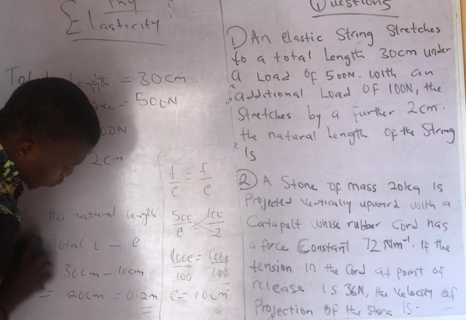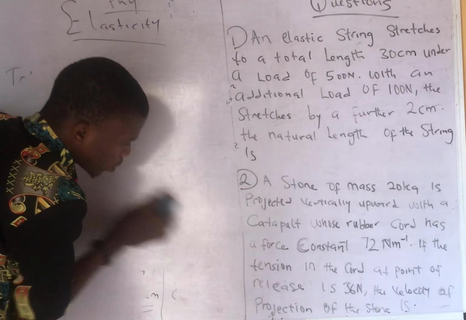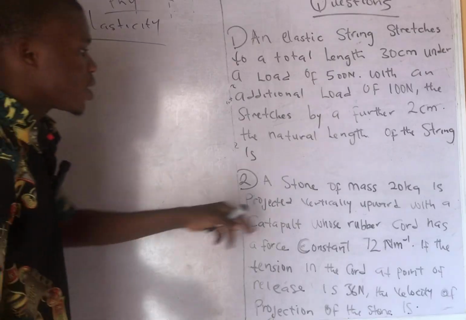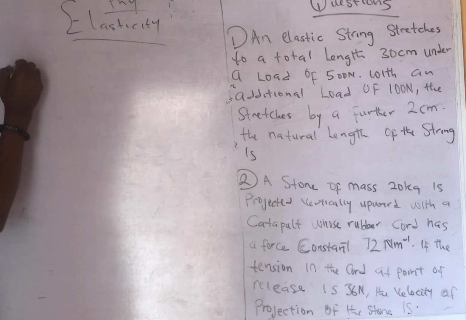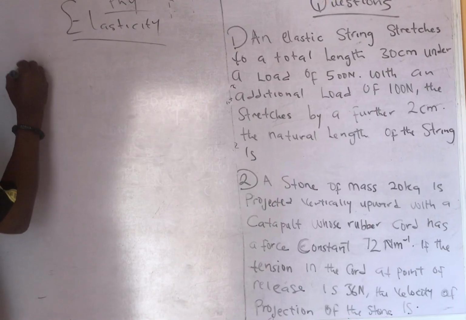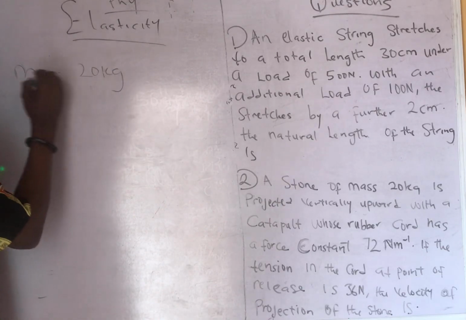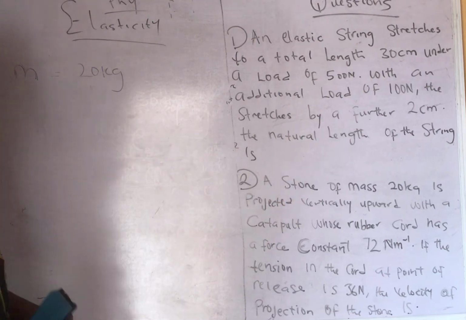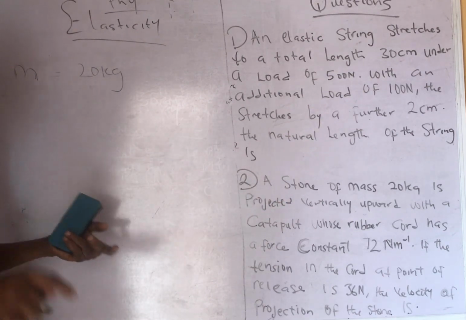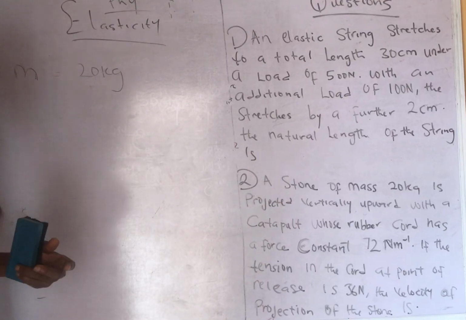Now let's solve Question 2. The question says that a stone of mass 20 kilogram, let's write down the parameters: mass 20 kilogram, is projected vertically upward with a catapult, a rubber cord, that has a force constant.